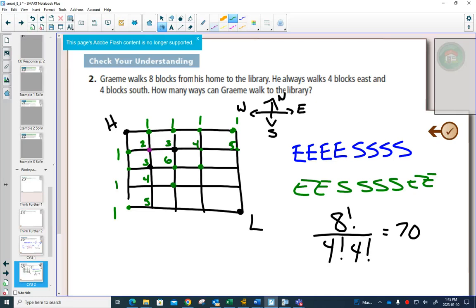Can you figure out those two? Can you see the pattern? And then we're going to figure out these ones.